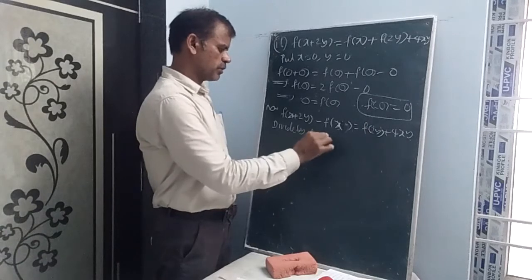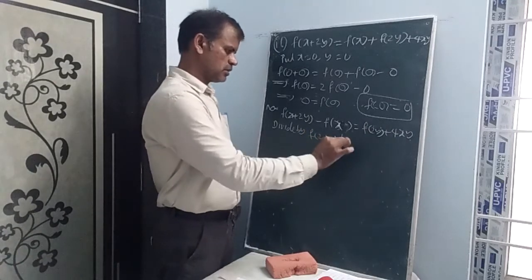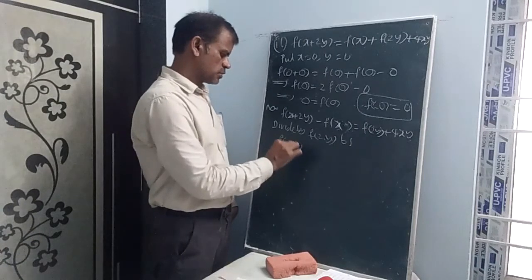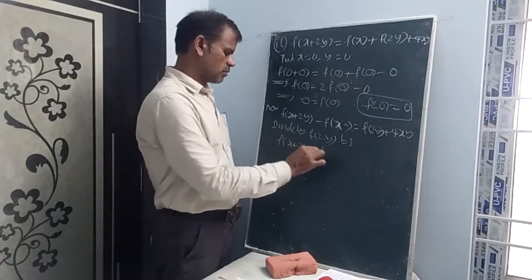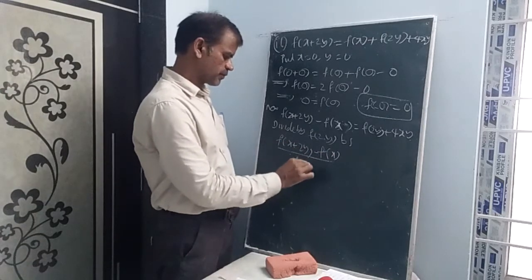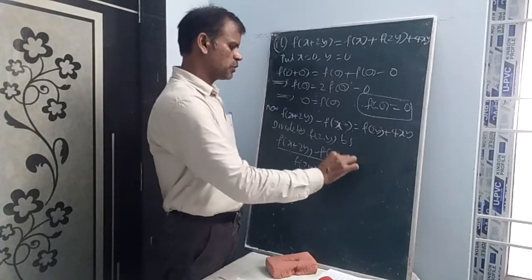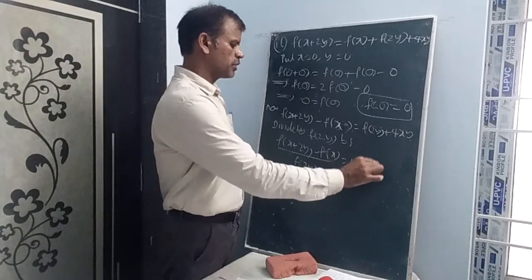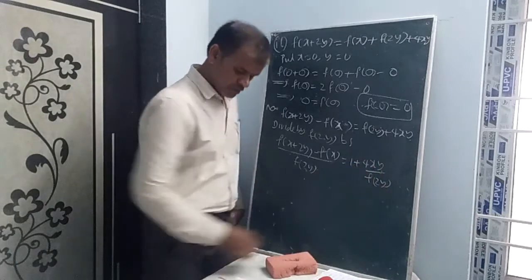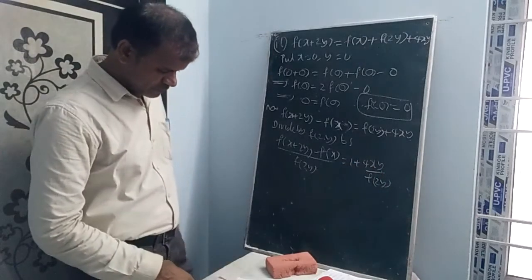Divide by f of 2y both sides. So f of x plus 2y minus f of x, whole by f of 2y, is equal to 1 plus 4xy by f of 2y.